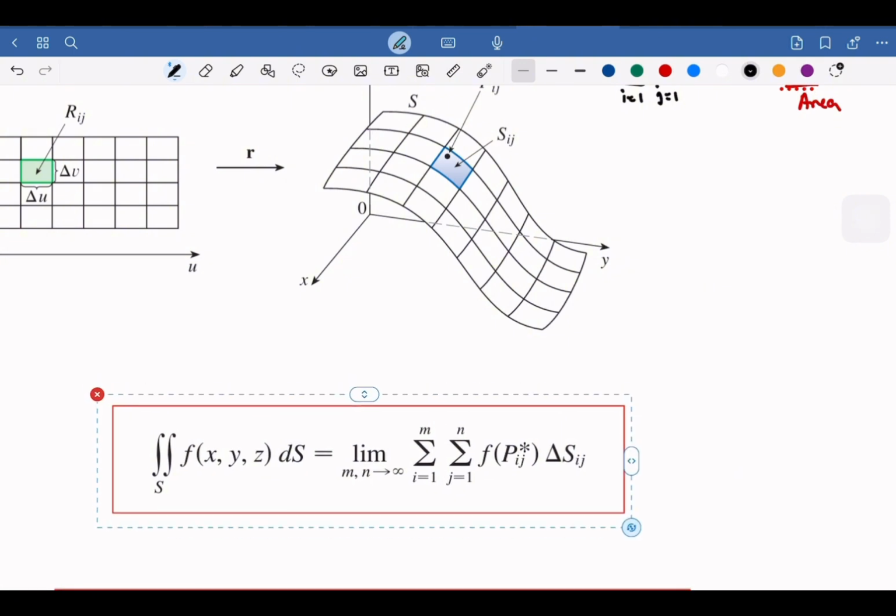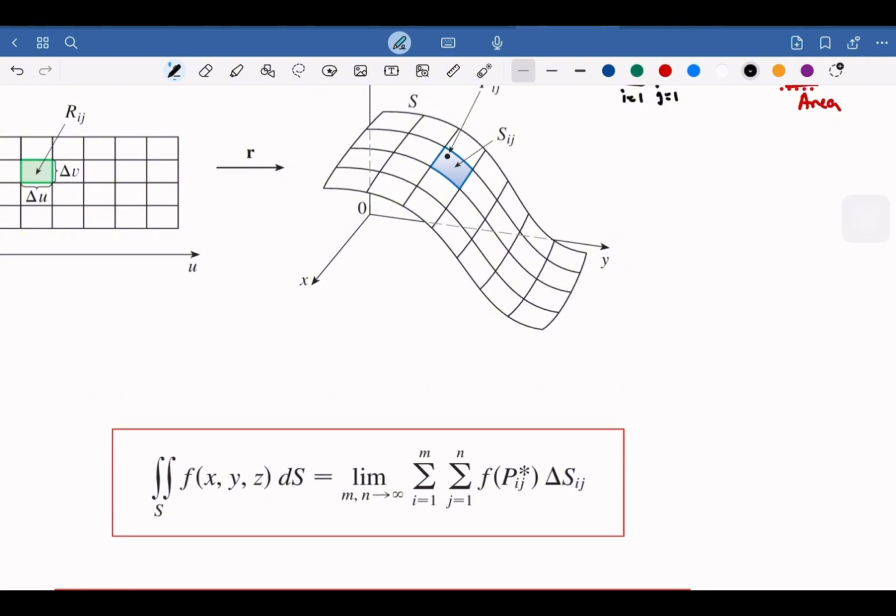So this is the name, we call this a surface integral of f over surface S. And how to understand the dS or delta S is basically from the approximation we have from the previous one.